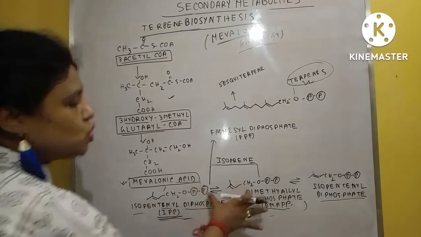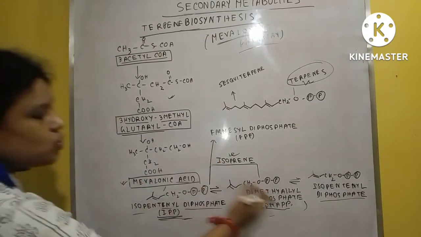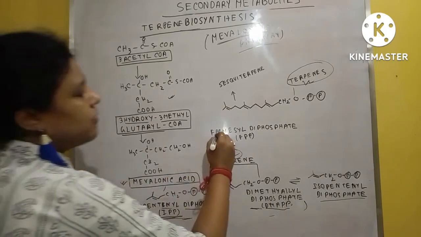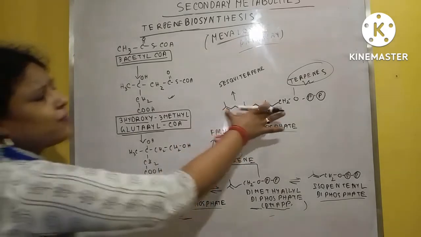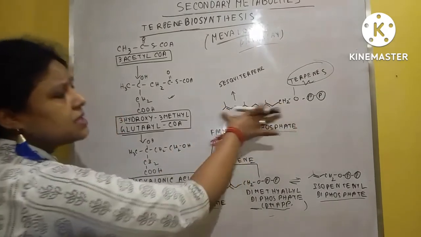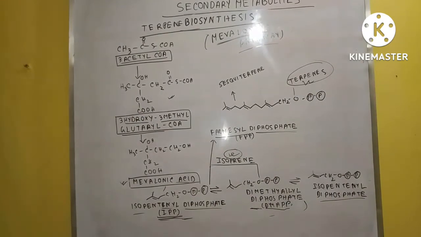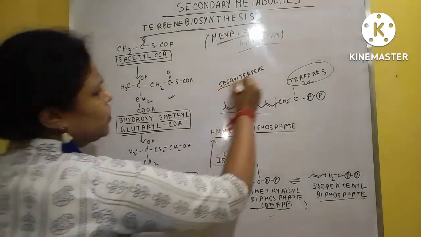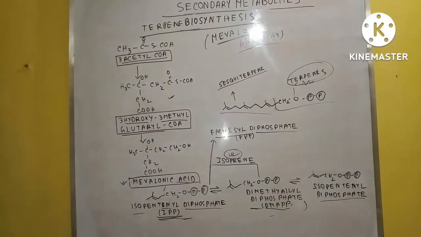From these two substances, isoprene is added, to form the farnesyl diphosphate. And this farnesyl diphosphate is the longest chain of the organic substance. So in that situation, from this part the sesquiterpene is formed, and from this part the terpene is formed. I think you can understand.